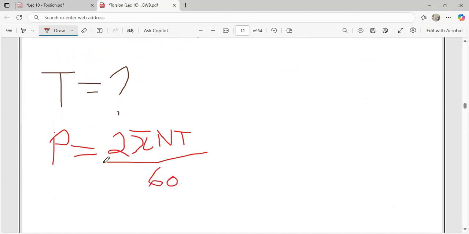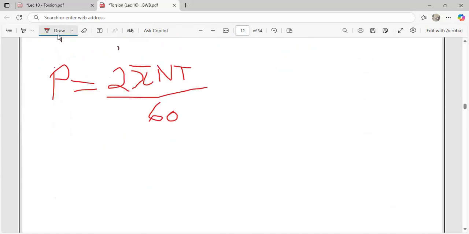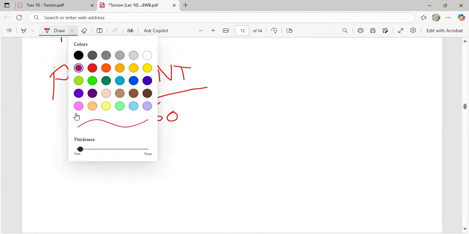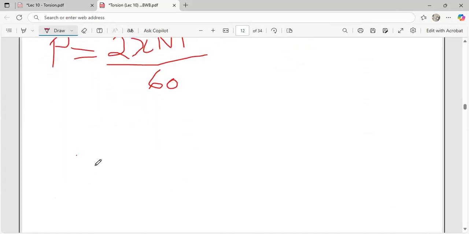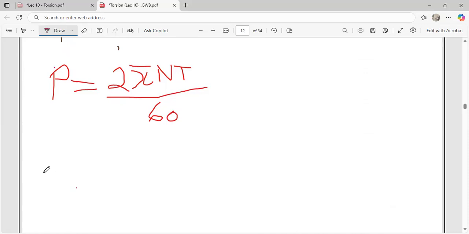We have to make T the subject so that we can find T. From transposition of formula, this P is going to multiply the 60, and this is also going to multiply a 1 under the P.